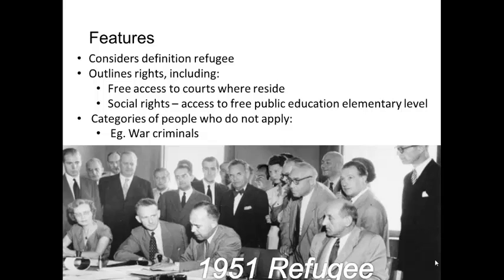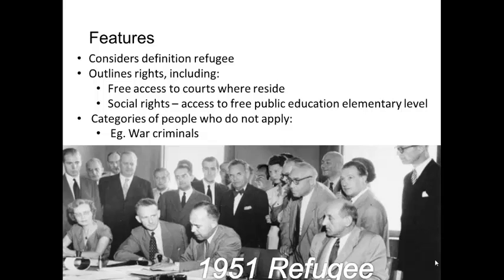It also outlines some of their rights, such as that refugees have access to courts in the countries in which they reside and non-discrimination when using these courts. It outlines some specific social rights, such as receiving free public elementary education, having the freedom to practice their own religion, and having access to the same level of healthcare as those in the country where they are seeking asylum.